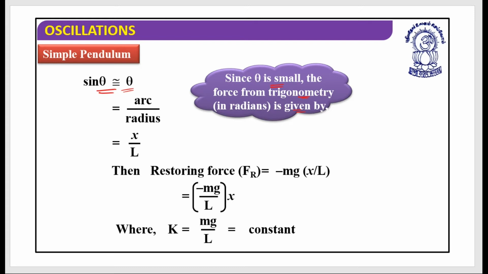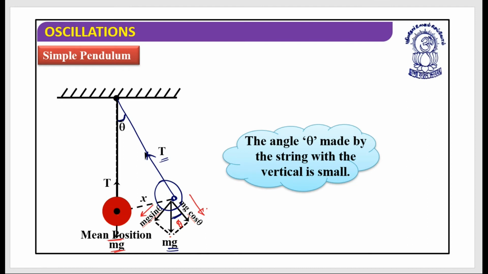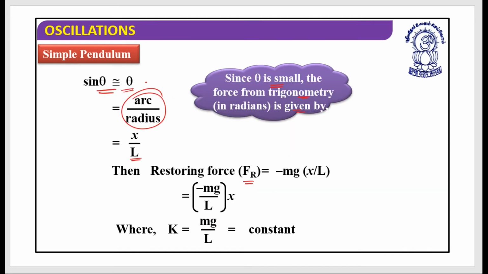When I write sin theta, it is the arc by the radius, since it is approximately theta, so it can be given as x by L. Only the restoring force will try to make it oscillate. So it is basically mg sin theta, so it is minus mg into x by L. That is minus mg by L into x.